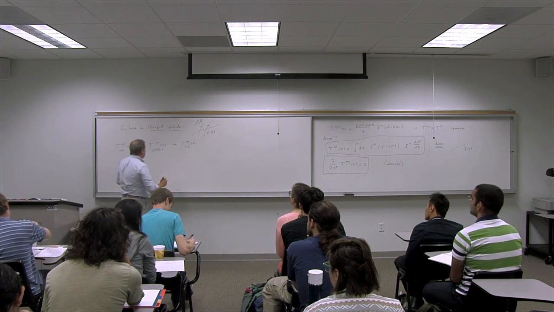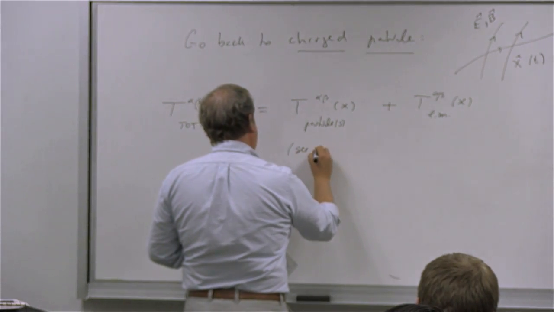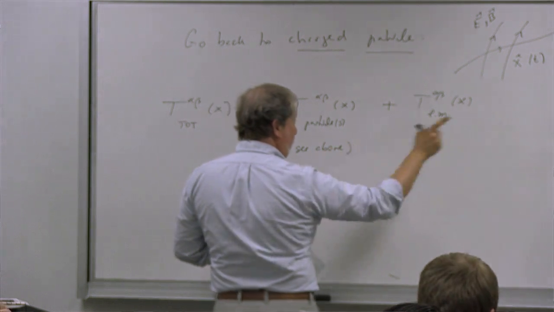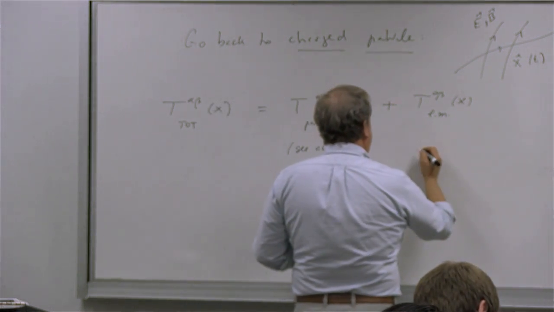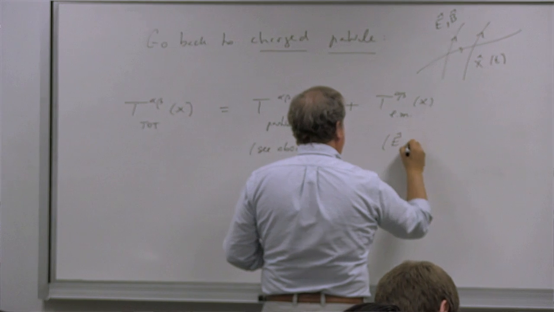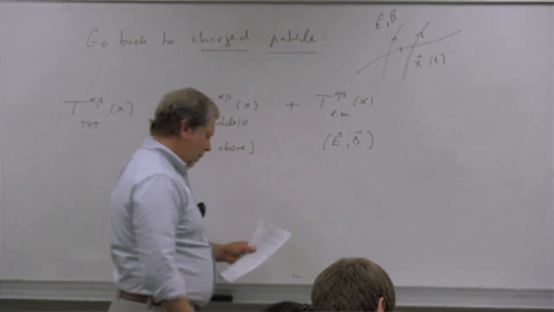So this one, see above, means that blackboard there. And so this one will contain the E and B fields in some way.